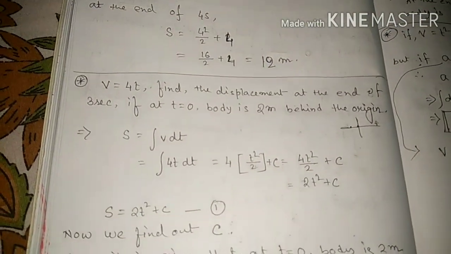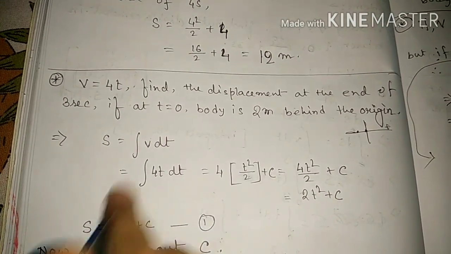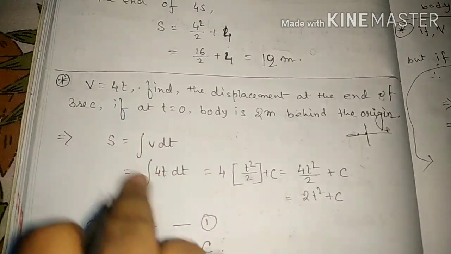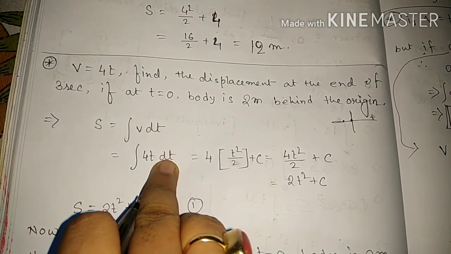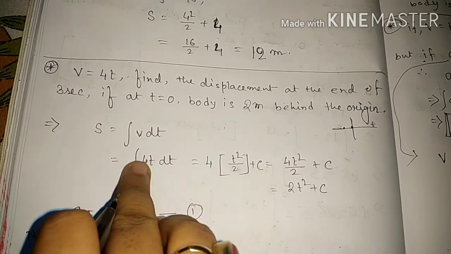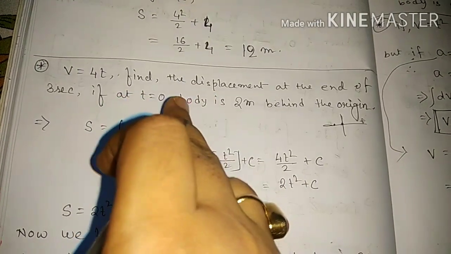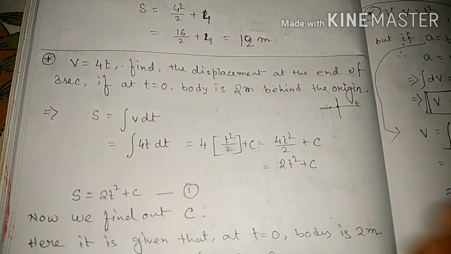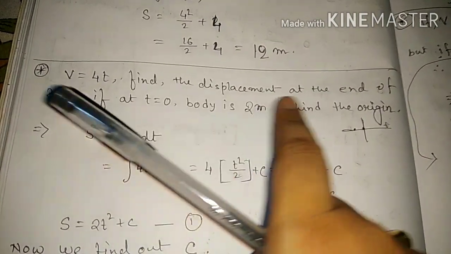First we use the same formula, s equals integration of v dt. In place of v, we put this value, 4t, into dt. Now we know how to solve this. 4 is a numerical value, so we write it at first. Then integration of t dt, using n plus 1 by n plus 1, gives t squared by 2. But here no limit is given.